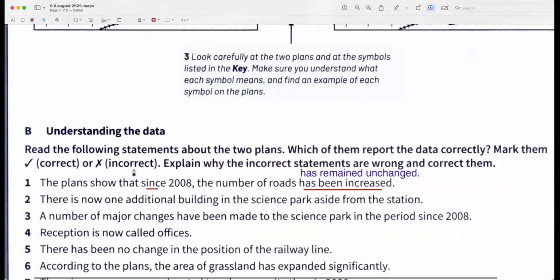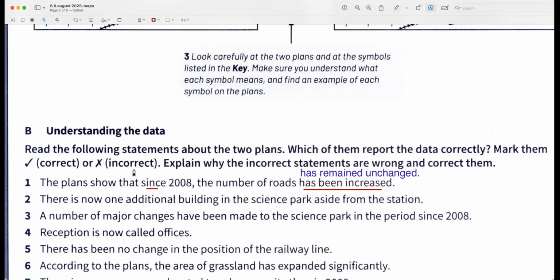Okay, next one, number three, Ngọc. Please read out loud number three. Natural changes are related to the science park in the period. Sorry, you mean correct? Incorrect? Okay, why is it incorrect?